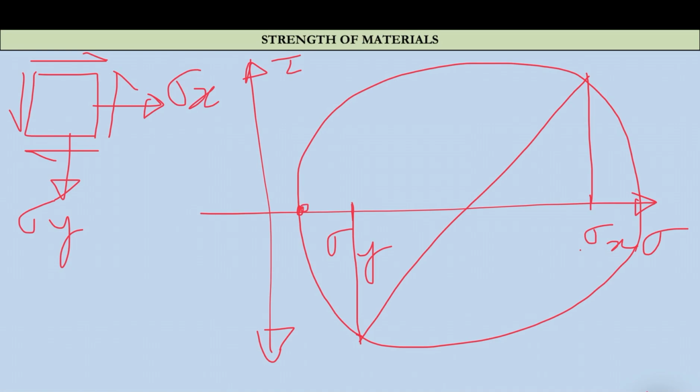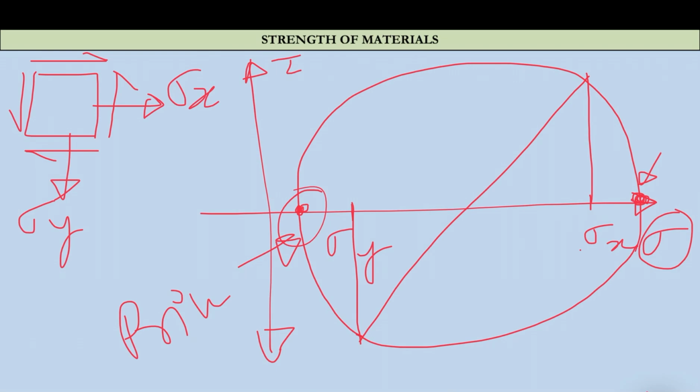Now there are two interesting points here and here. What is the interesting part? These points are totally on the sigma axis. That means there is no shear, and you can see these are the extremes of the circle, and these are nothing but the principal stresses. So this is the minor principal stress, and this will become the major principal stress.